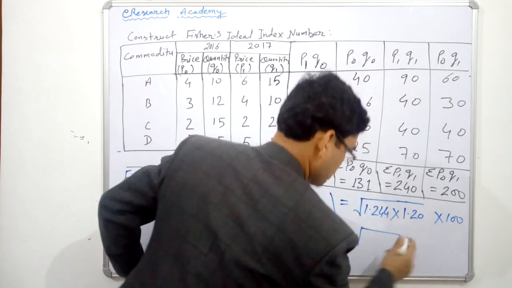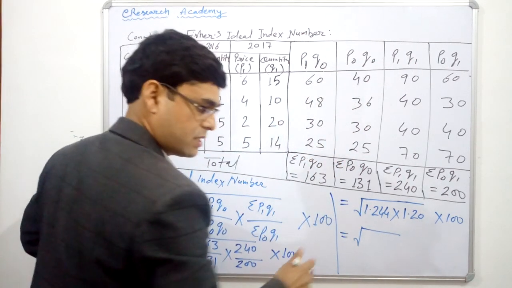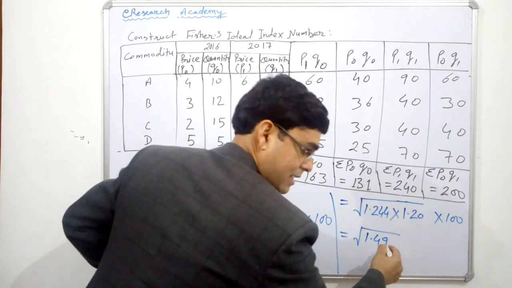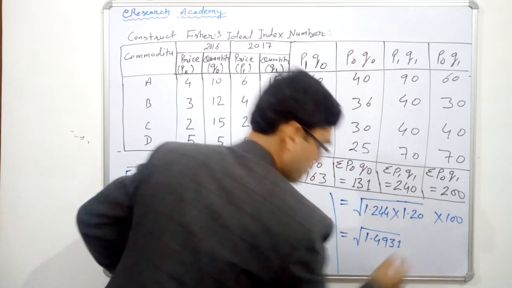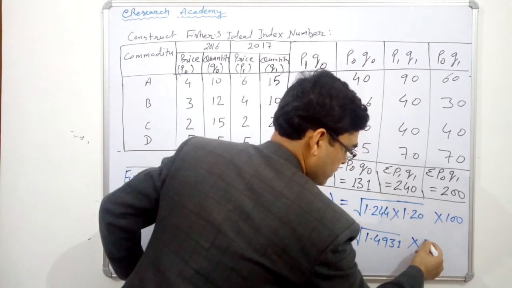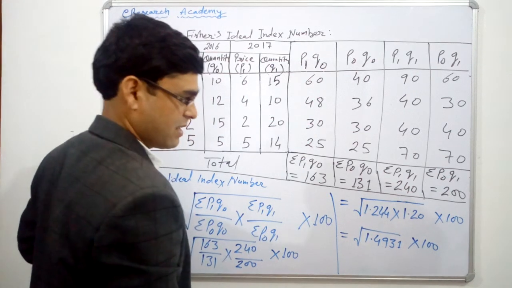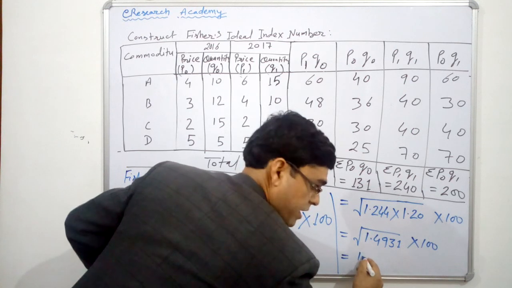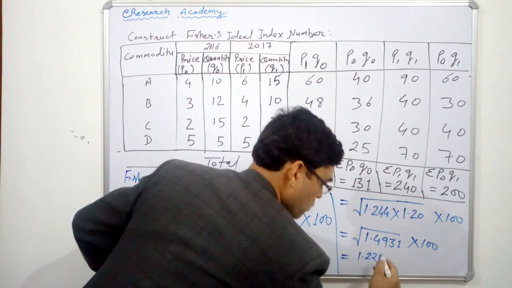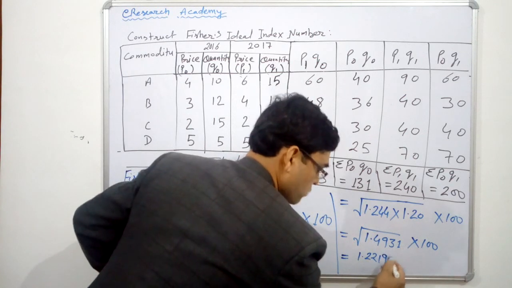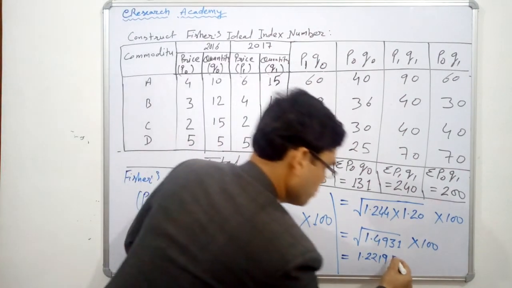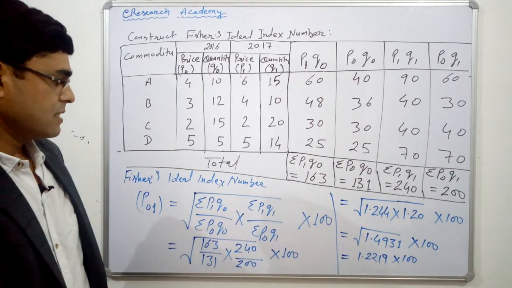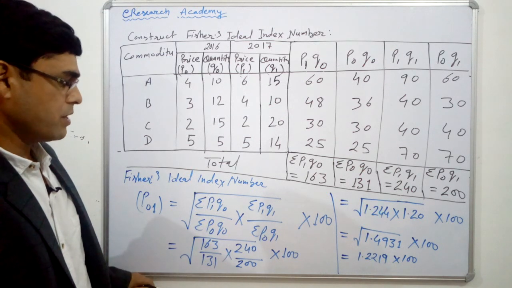The square root of this into this, 1.244 into 1.20, is 1.4931, into 100. The square root of this value is 1.2219, into 100.